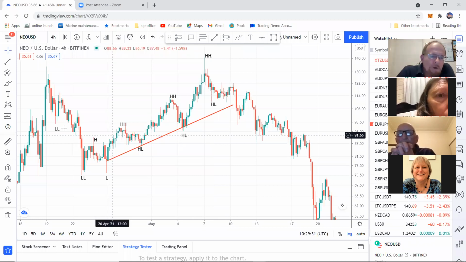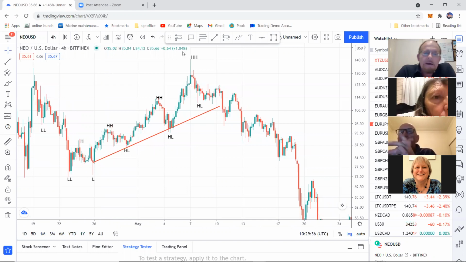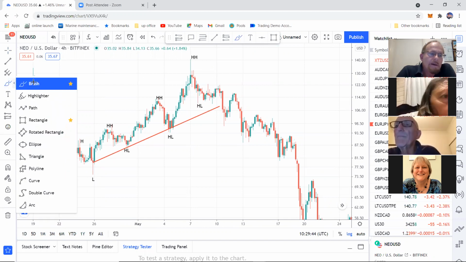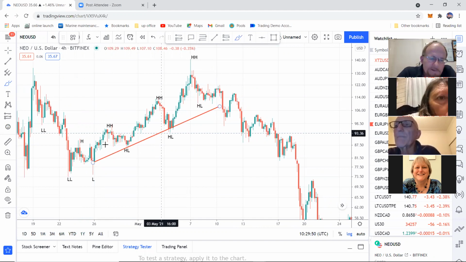The reason I wanted to talk about the lower lows and the higher highs and all of that is because, let's say the market didn't do exactly what we're looking at on the chart there.